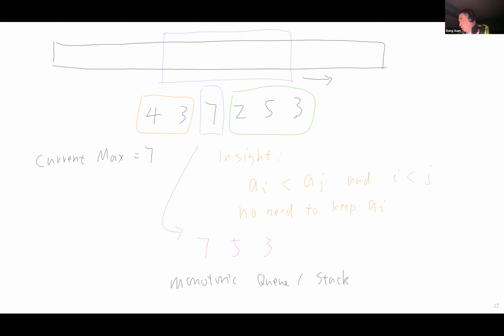So this is 4, 3, 7, 2, 5, 3. This is how we add in the elements. Initially you only have 4, so you add it in. Now you're adding 3.